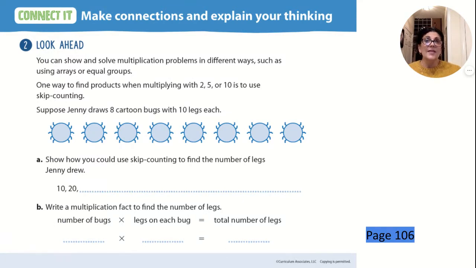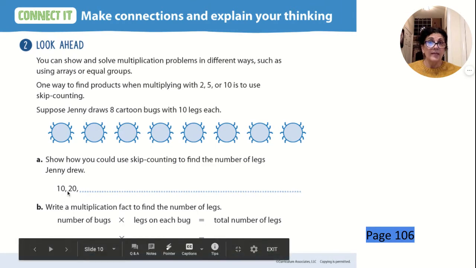Suppose Jenny draws 8 cartoon bugs with 10 legs each. So here we have the number of groups. We should have 8, and I see 1, 2, 3, 4, 5, 6, 7, 8. And each bug still has this 10 legs each, so 5 on each side. So once again, you would be skip counting by 10.